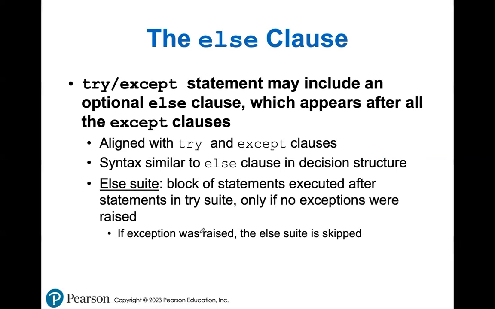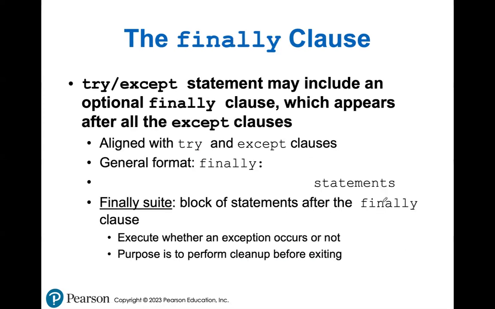So after your try block stopped executing, if there are no errors that were thrown, if there are no except clauses that got triggered, that else block will execute. If there was an exception in your code, then that else will be skipped.